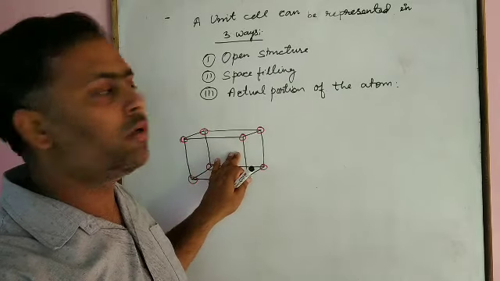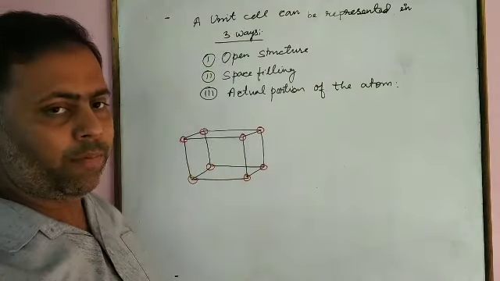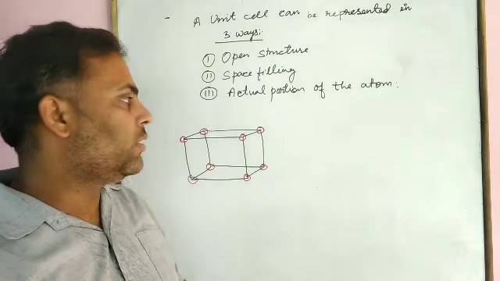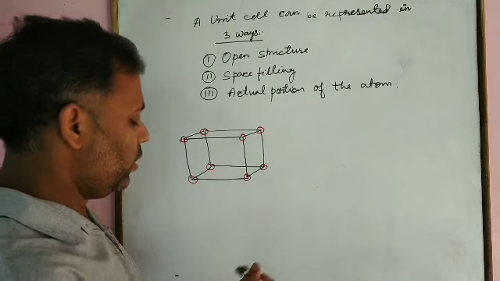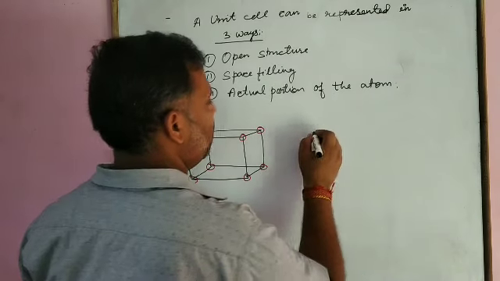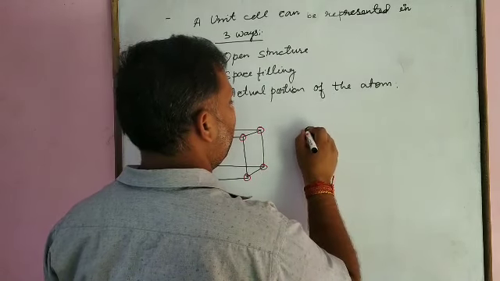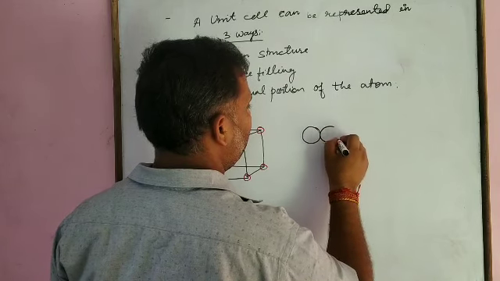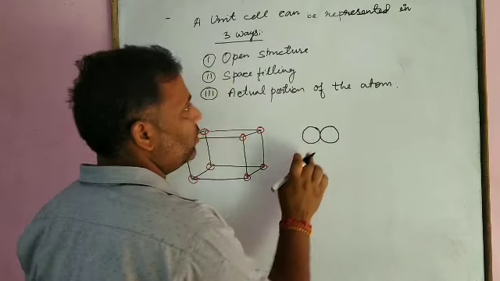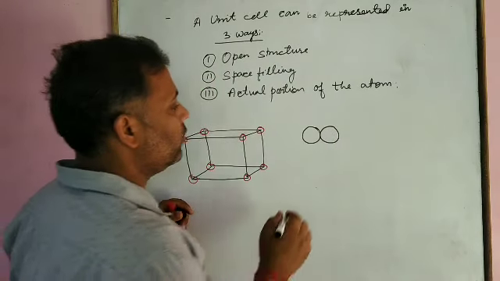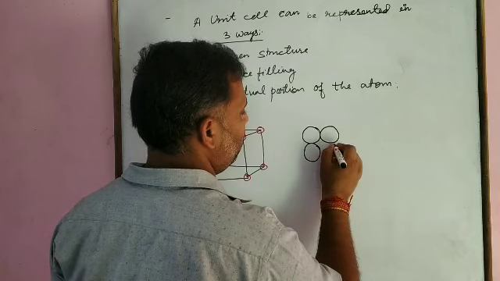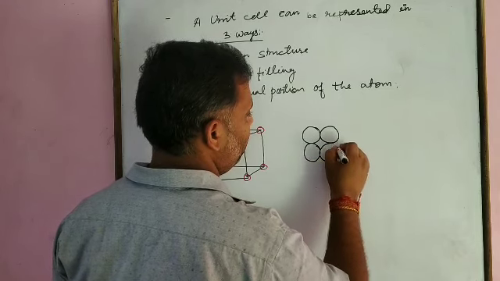This is open structure. If we want to represent the closed structure, then see here. In order to represent closed structure, we have one atom, two, space filling. This is also known as space filling. Two, to the next one, three, to the next one, four.